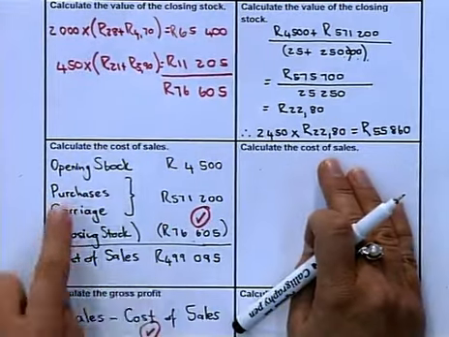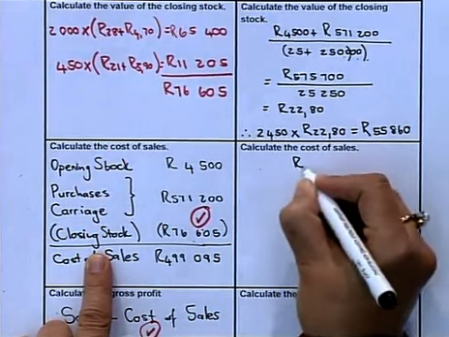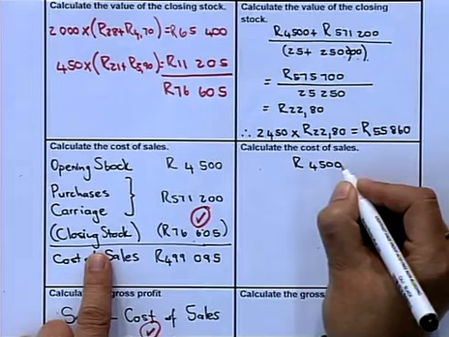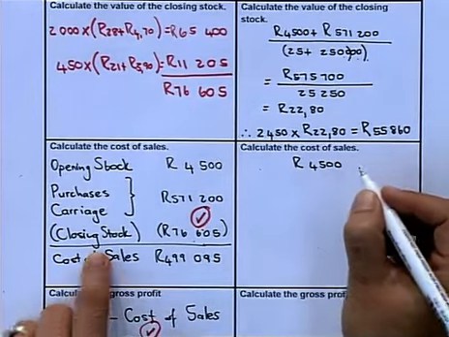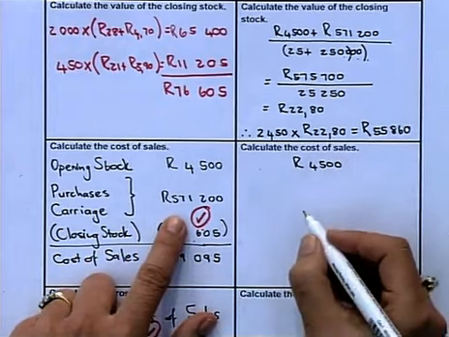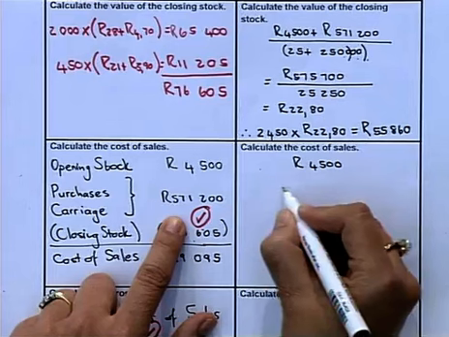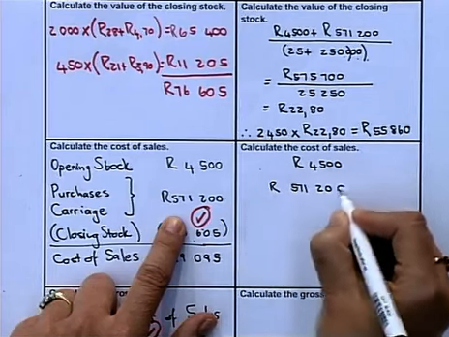Okay. Next thing, they're asking me to calculate the cost of sales. I'm going to use this again. Opening stock, still 4,500 Rand. Do you agree? Okay, I don't have any questions yet. Looks like it's going well. Everybody's still with me. Then I have my purchases, same thing, 571,200.